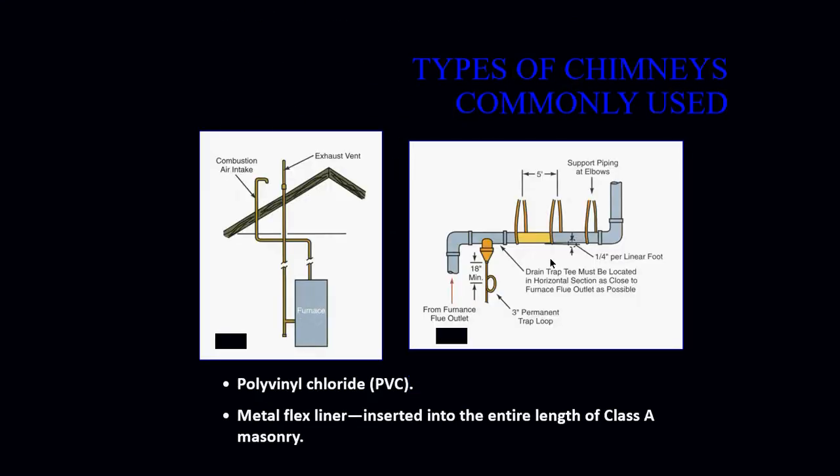Your PVC pipes have to follow a strict code. Okay, if we look at our diagram here, our combustion air that is being sucked into our furnace needs to be lower than our exhaust. And if it is penetrating through a roof line, that exhaust needs to be facing downward.